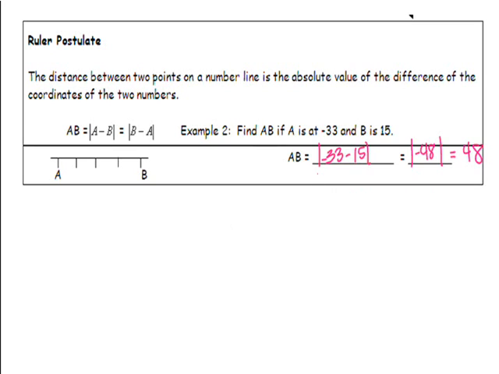And you can see if I did it the other way around, B minus A, 15 minus a minus 33, and minus a minus is a plus, that gets me a positive 48. Absolute value is always positive, distance is always positive, so in both cases we get 48.